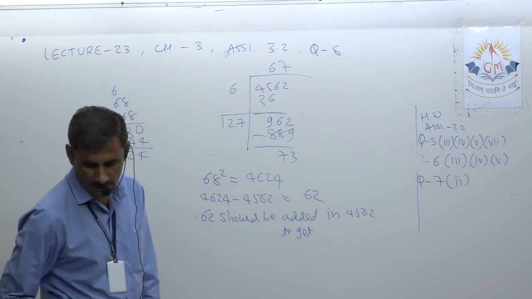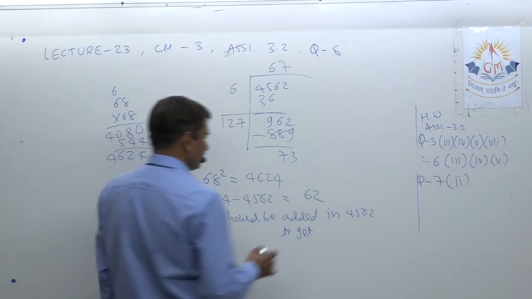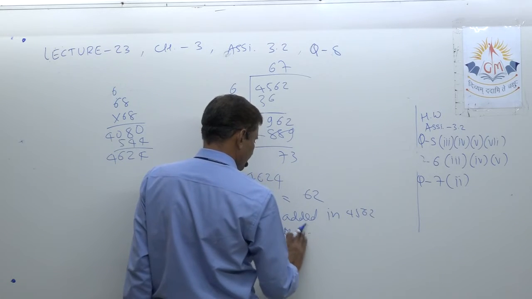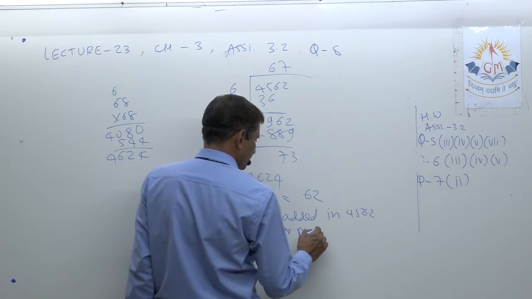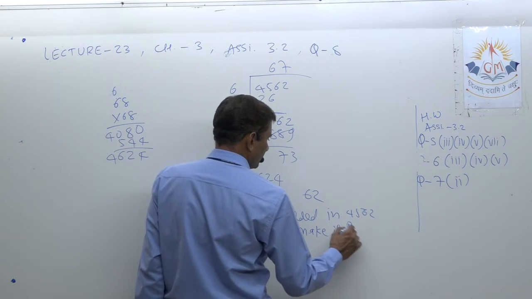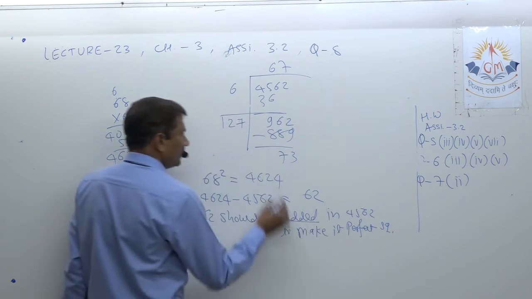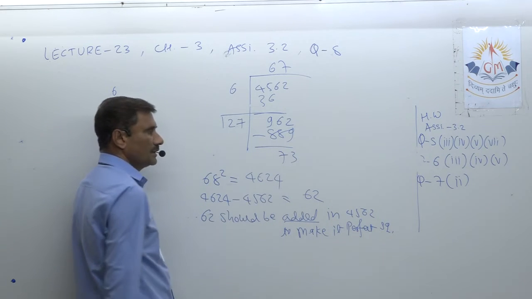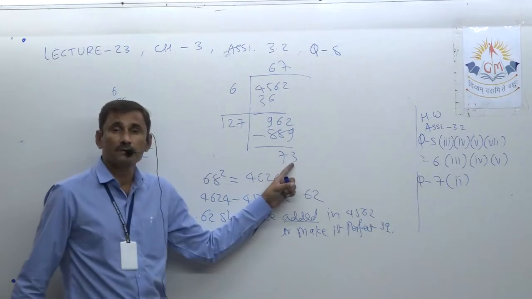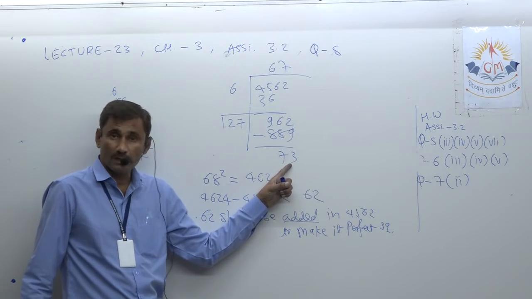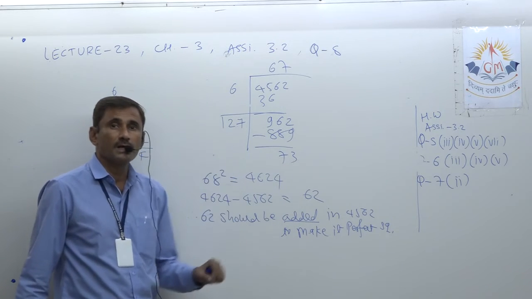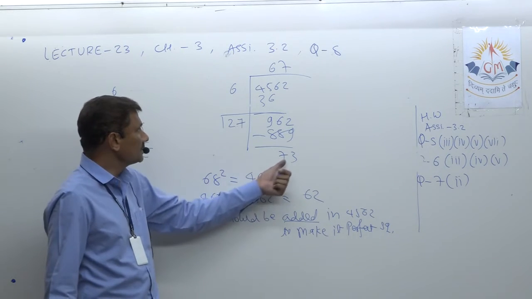They are telling that to make it a perfect square. So you understood? This remainder is not important at all. In the what-should-be-subtracted type question, we give the answer from here only. But in the what-should-be-added type question, it is not important.